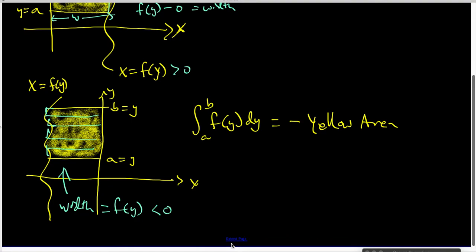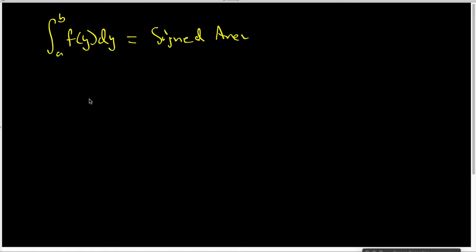What that means is that in the overall idea, integrating with respect to y a function f of y dy turns out to be a signed area, just like a definite integral with respect to x does, but the interpretation of the signed area is slightly different. So I'm going to draw one more picture here.